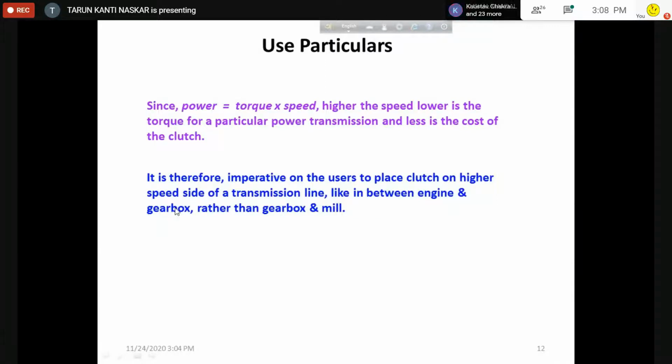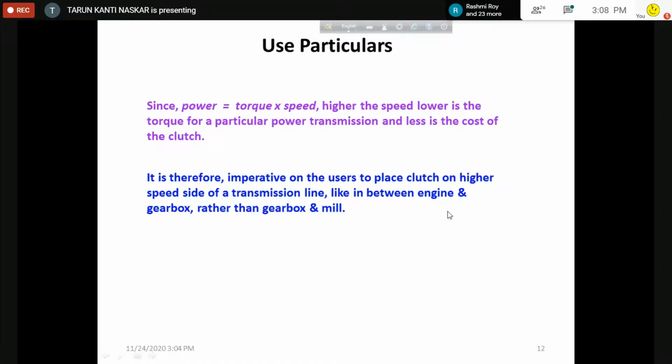Considering the statement that higher the speed, lower is the torque, and lower is the cost of the clutch, where should it be placed, on the higher speed side or the lower speed side? The higher speed side, sir. So it is imperative on the users to place the clutch on the higher speed side.